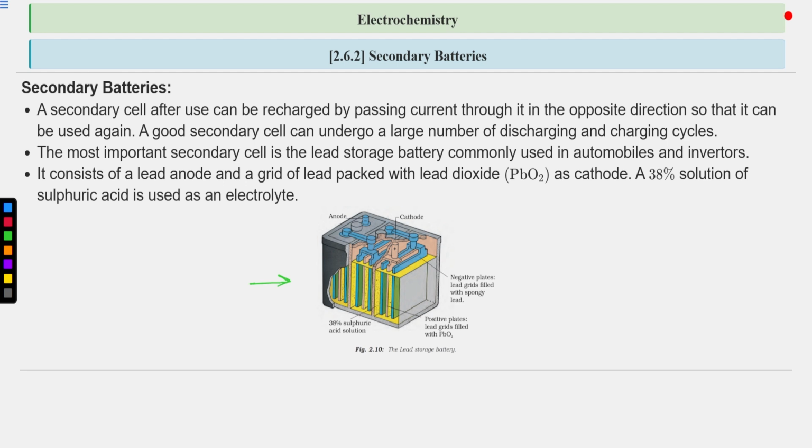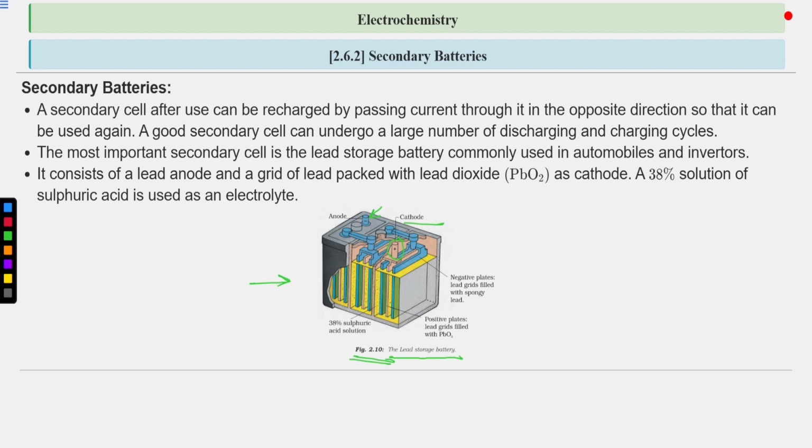This is the structure marked as figure 2.10 in our NCERT textbook, showing a lead storage battery. You can see a cuboid where we have the anode. These blue rods are anodes, the negative plates, which are lead grids filled with spongy lead.